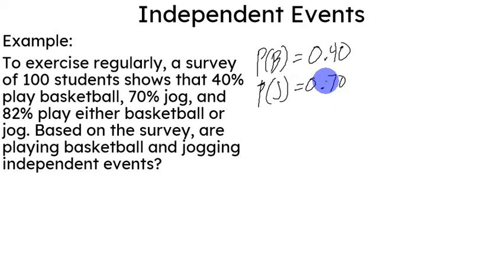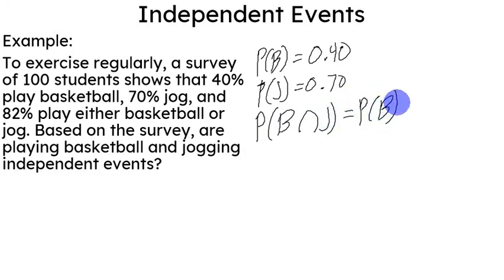So we want the probability of basketball and jogging. If the probability of playing basketball and jogging would be equal to the probability of playing basketball times the probability of jogging, then these two are independent events.